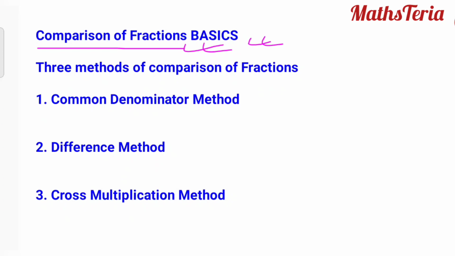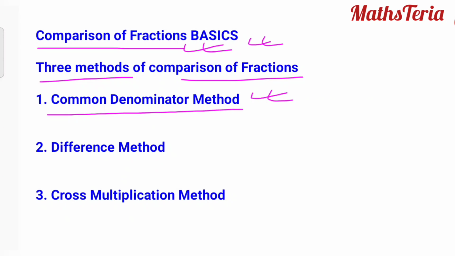Roughly, there are three methods of comparison of fractions. First method is the common denominator method, which you may have learnt in preliminary classes such as in standard 5 or 6 or 7. Second method is the difference method, which is used for limited cases only.